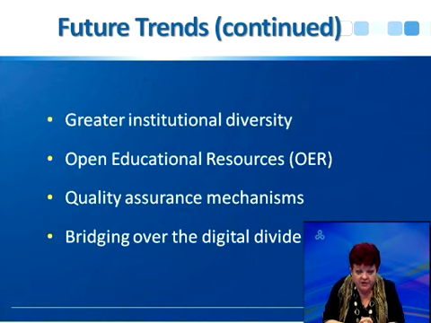The Open University of Israel is also part of the open educational resources. It might be one of the solutions of how to cut down the cost of developing high-quality materials, so not each institute will have to develop its own materials, but will be able to lean on and take best practices from other universities. And this is, again, a movement which is gaining momentum, and it will become bigger and wider in the future.